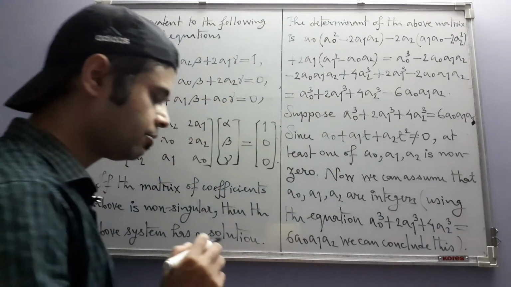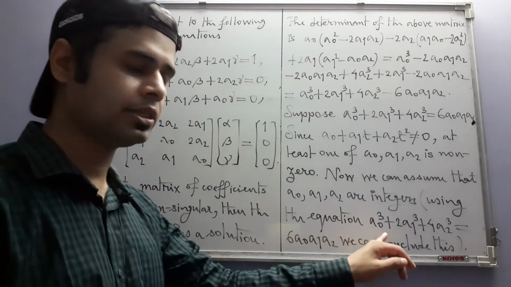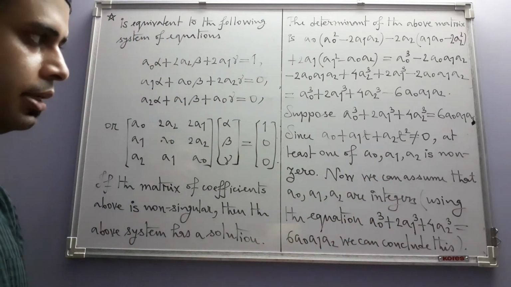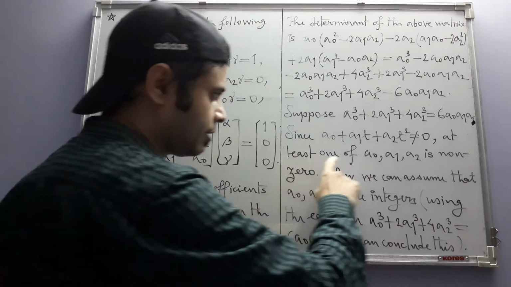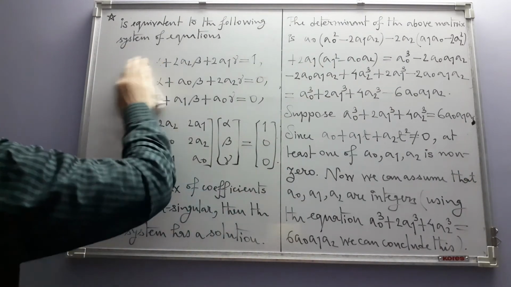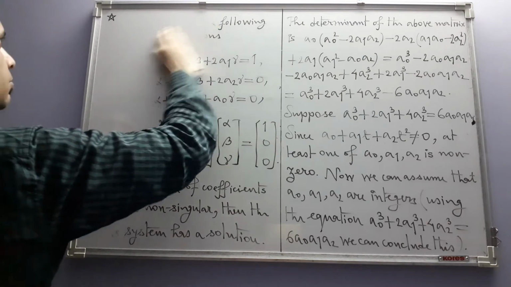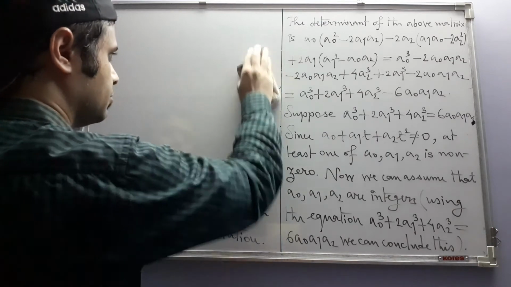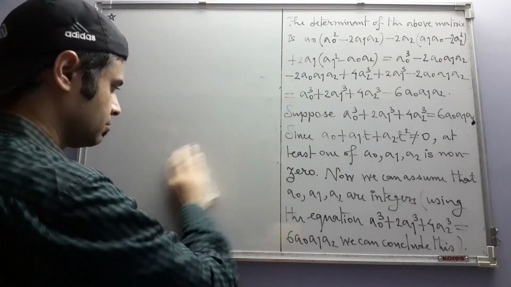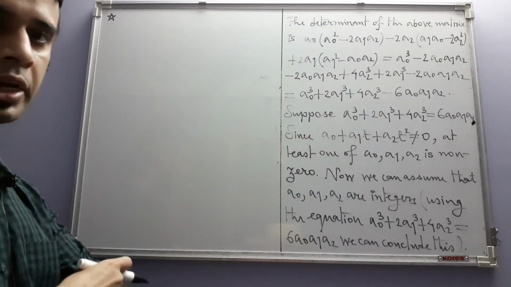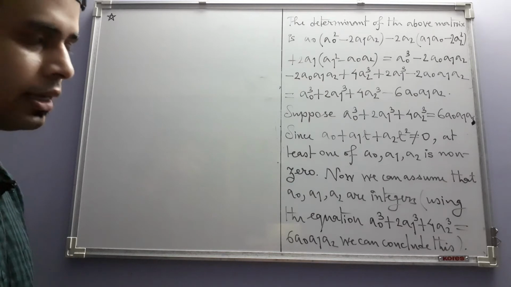So now, without further ado on this matter, we assume that a0, a1 and a2 are integers. The fact that at least one of them is non-zero continues to be true, so not all of them are 0. That means their greatest common divisor exists.